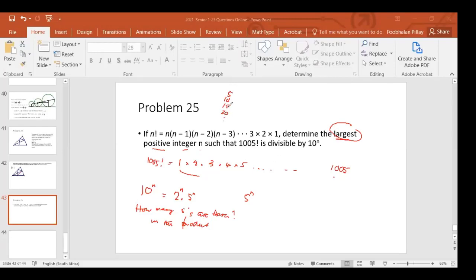All these have 5s in them. 15 has 5 times 3, 20 has 5 times 4, and 1005 also has a 5. So how many 5s are here? Well, this is 5 times 1, 5 times 2, 5 times 3, up to 5 times 201. So there are 201 5s in this product.